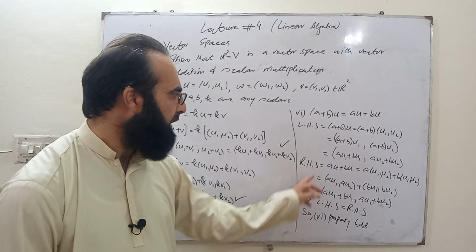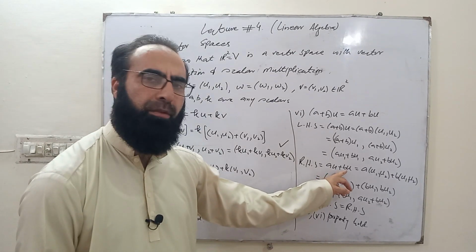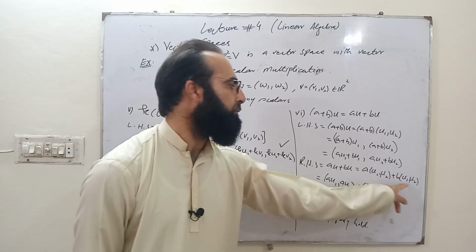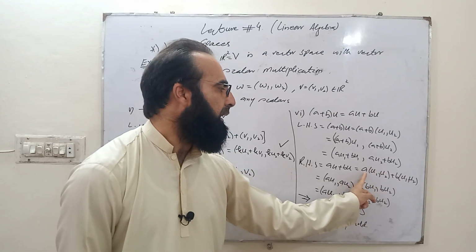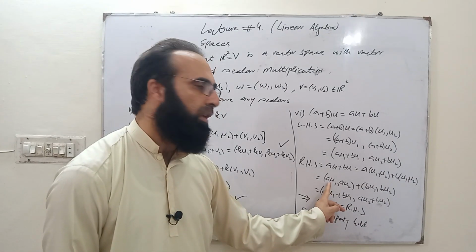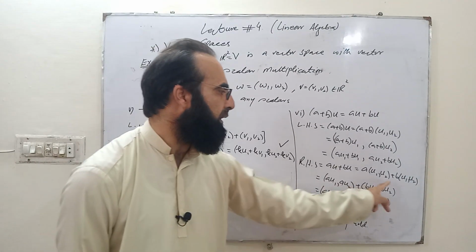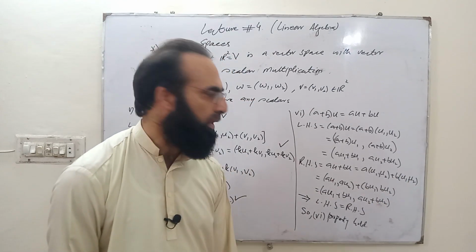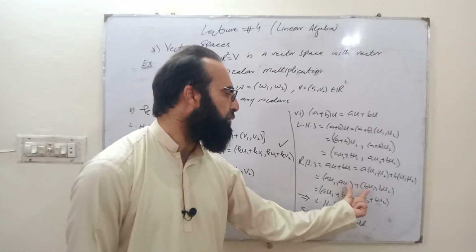Now take the right side, au plus bu. Put the vector u, which is u1, u2. Now multiply a with u1 and u2. We will get au1 comma au2. Similarly, multiply b with u1 and u2. We get bu1, bu2. Now add these two vectors.